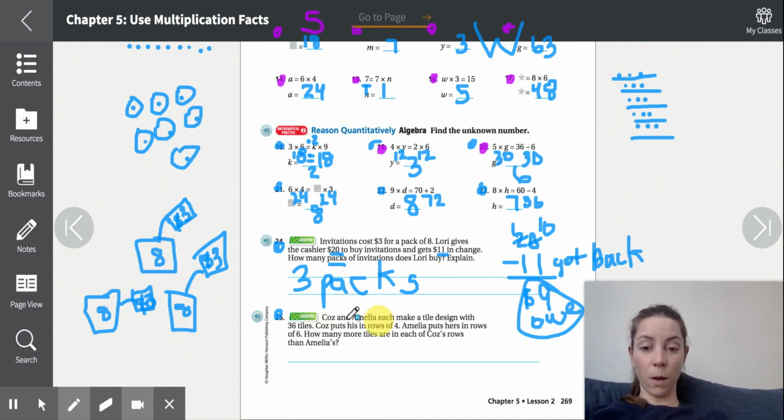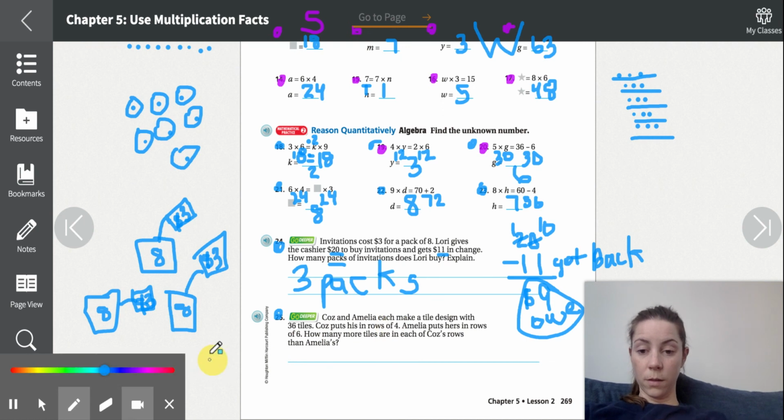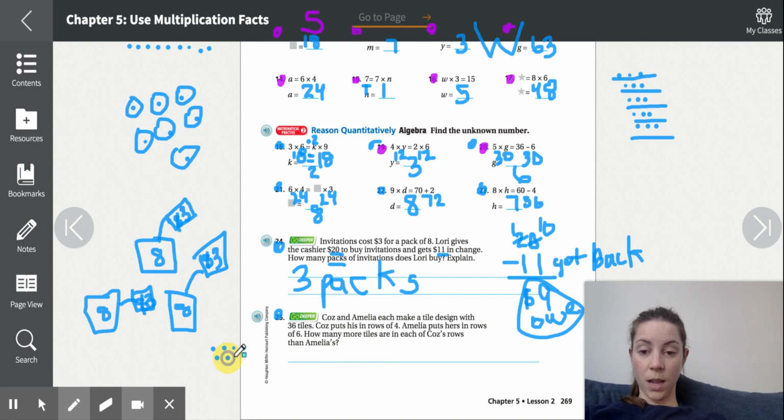Okay, last one. Kaz and Amelia each make a tile design with 36 tiles. Kaz put his into rows of 4. Rows of 4. And he has 36 total. Amelia put hers into rows of 6. Okay.